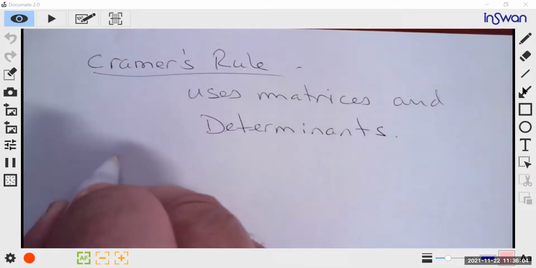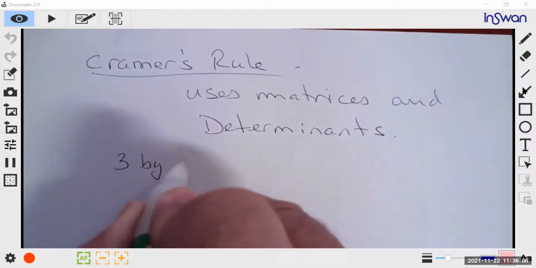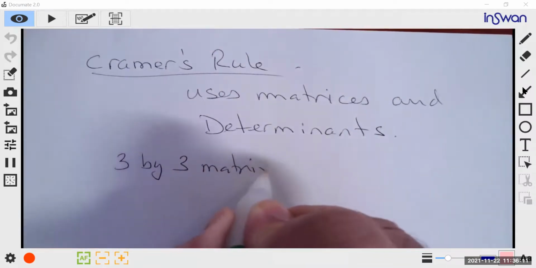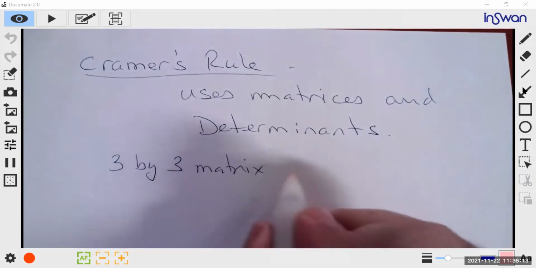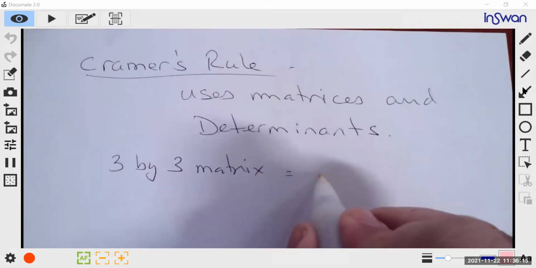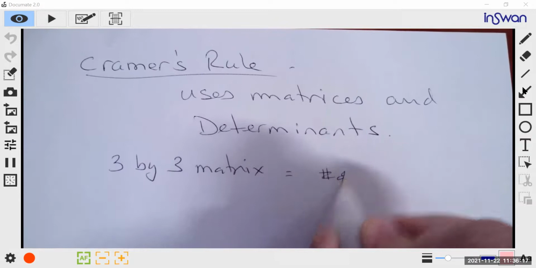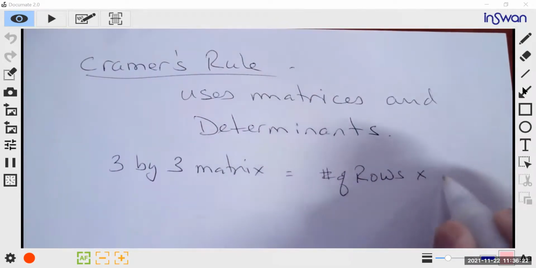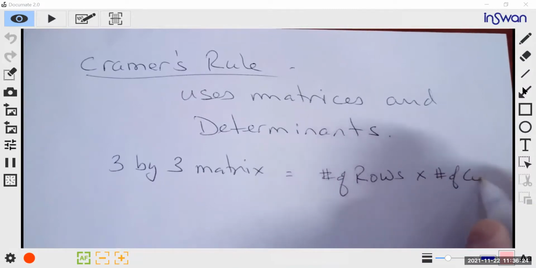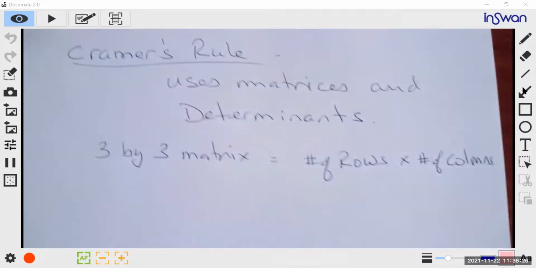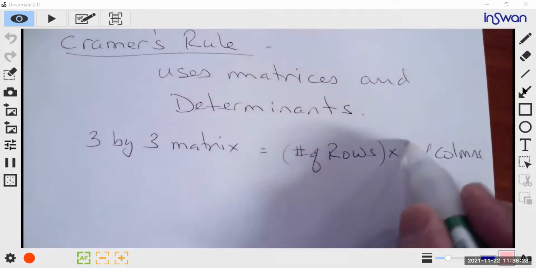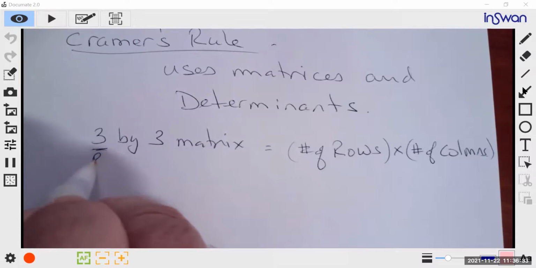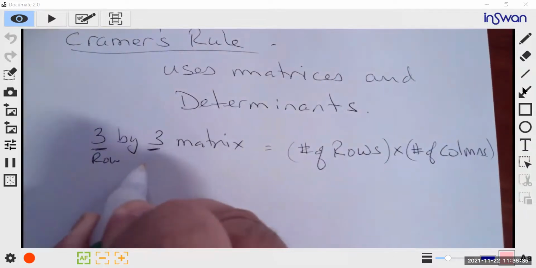So whenever you hear 3 by 3 matrix, that means it's the number of rows by the number of columns. So the first number is the number of rows. Second number is always the columns.